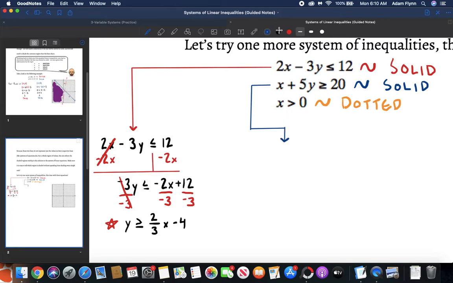So for my blue line, I have x plus 5y is greater than or equal to positive 20. First thing I'm going to do is subtract x on both sides.